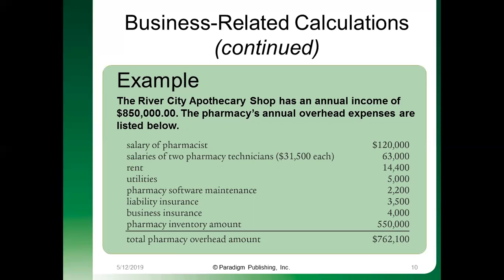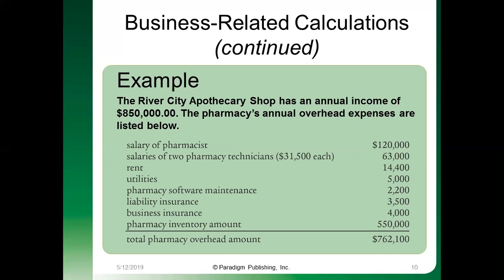So the salary of the pharmacist, you have the salary of 2 pharmacy technicians, you have rent, utilities, pharmacy software maintenance, liability insurance, business insurance, and pharmacy inventory amount. As you add that all up, you get $762,100 as the overhead amount that the pharmacy is having to pay.